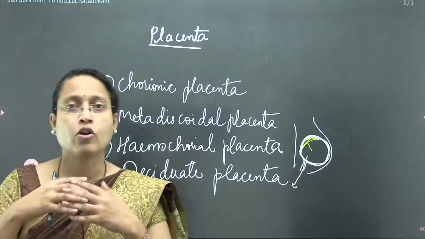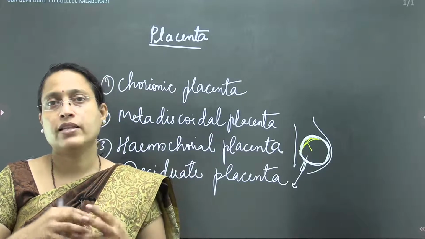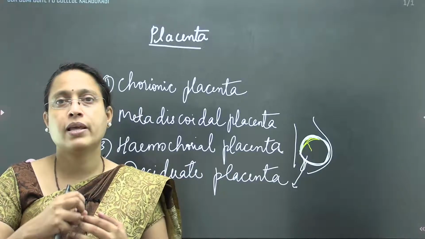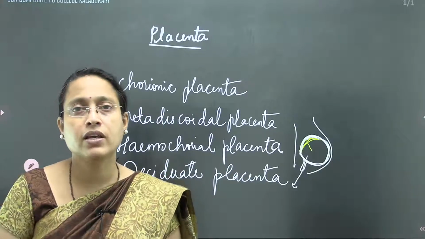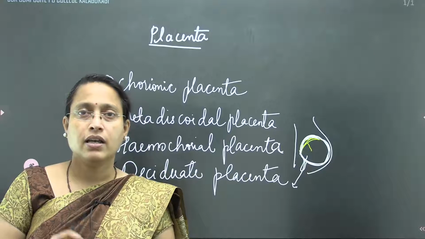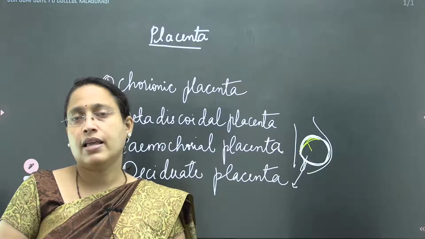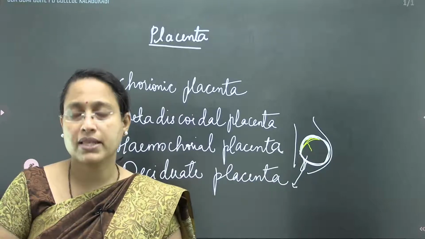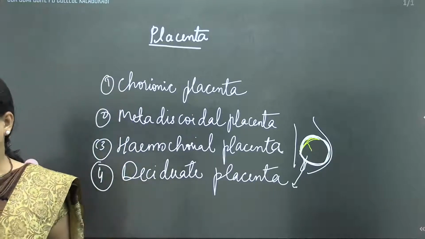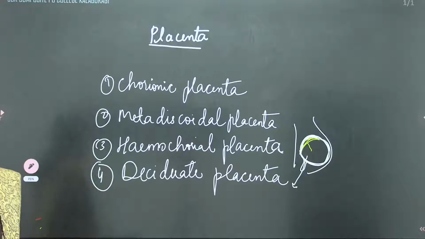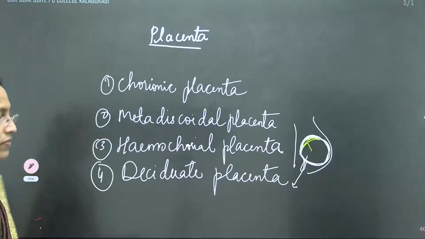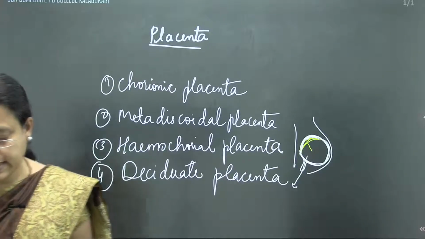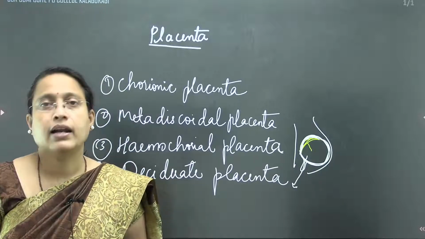So it's well rooted or intricately rooted. So ejection of placenta will also cause damage and ejection of certain parts of the decidua. As a result, this kind of placenta is called as the deciduate placenta. So these are four ways in which a placenta is described.